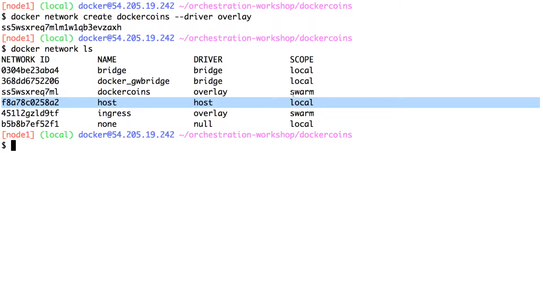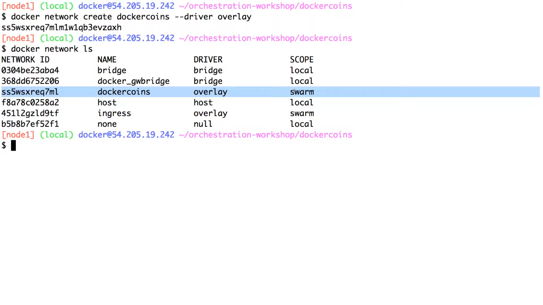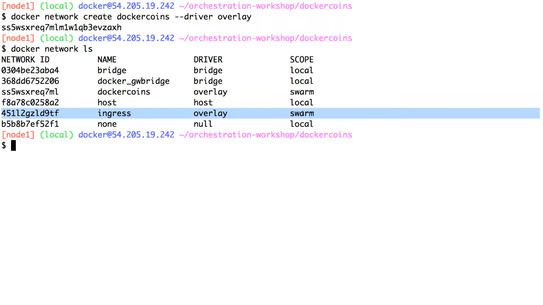All right, if we look closely we can see that two networks, the Docker coins network I just created and that ingress DMZ-style network, have a scope of Swarm instead of local. And if we look at the ID, we see that they have an ID that is letters and numbers, as opposed to the other ones where it's basically hexadecimal.